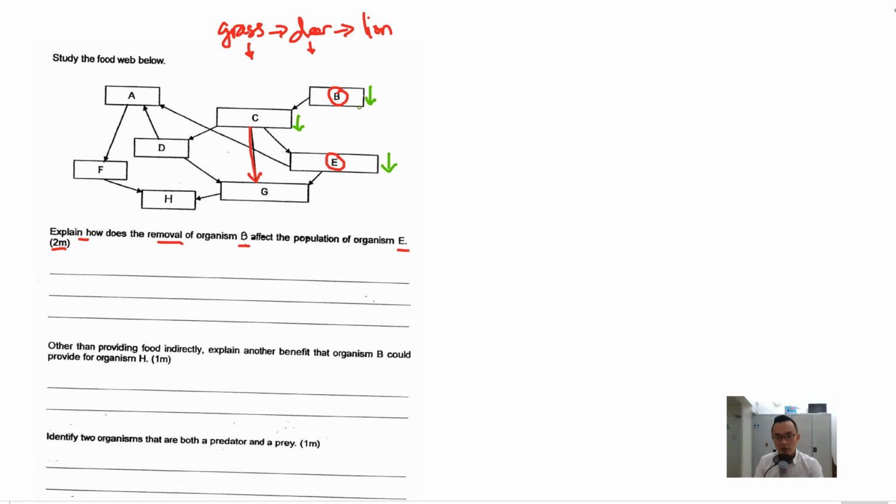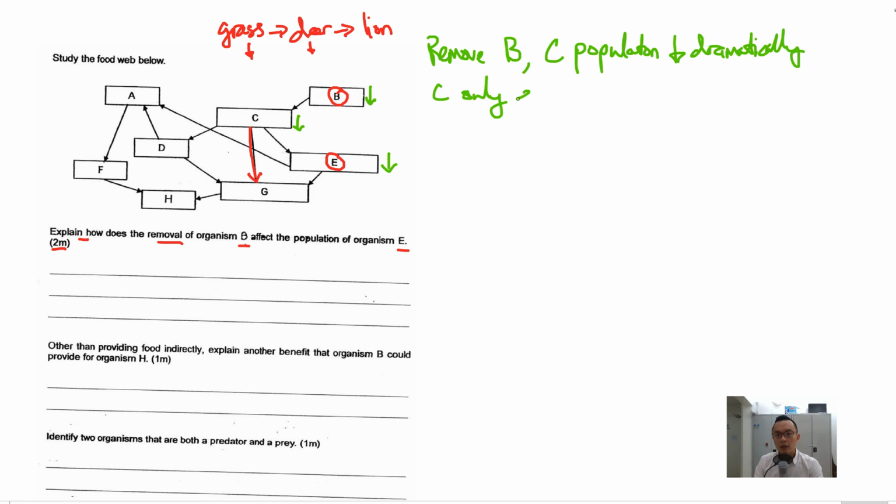So therefore, if I remove B, the population of C will decrease dramatically because C only eats B. Alright, if you look at C, this is the arrowhead pointing towards C, and there's only one arrowhead.